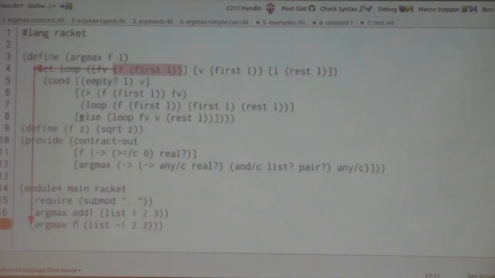So the important thing to think about with contracts is who's responsible at each point in time for living up to which parts of the obligations. And you've got to always keep track of who's promised to do what. So let's look at these two contracts. We've got f, and what f promises is that if you give me non-negative numbers, I'll give you real numbers.